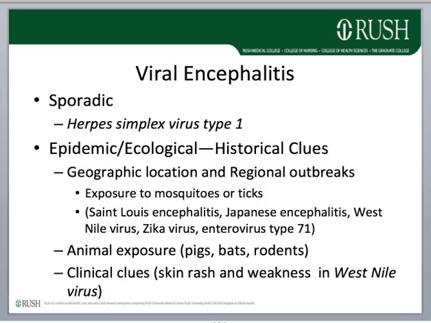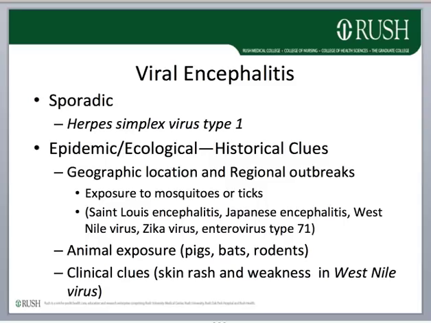Animal exposure, such as bat or rodent exposure or dog bite with rabies, and specific clinical clues, such as profound weakness and rash in West Nile virus. West Nile virus has been by far the most common cause of proven viral encephalitis in the United States.